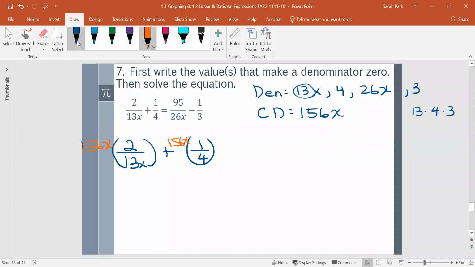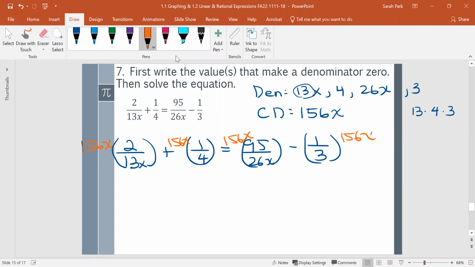And then we're also going to multiply 95 over 26x by 156x. The idea is we multiply by the common denominator, and we're going to get rid of the fractions. So we're going to also multiply this by 156x.